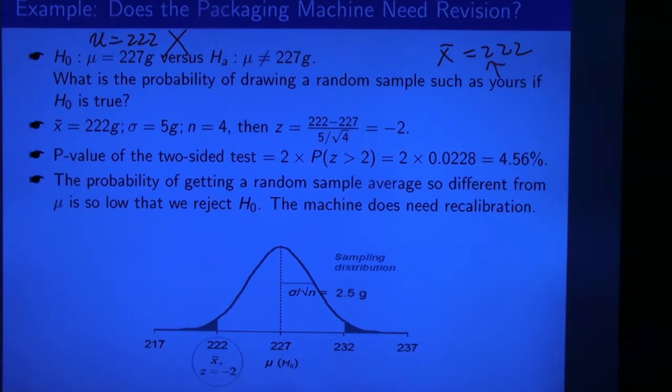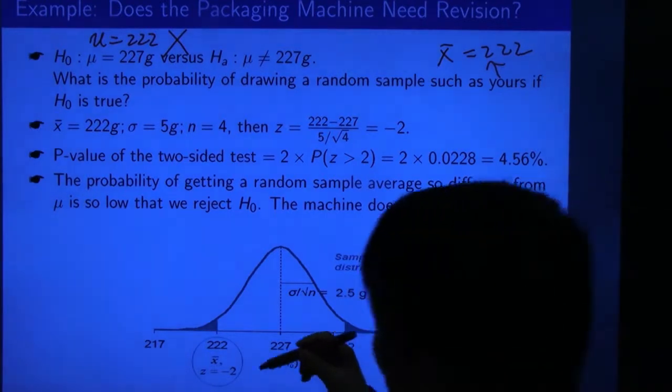When we calculate the p-value, we always keep in mind, we don't need to write this, but you always ask this question in your head. What is the probability of drawing a random sample like this if H0 is true? Asking this question always helps to understand the problem.